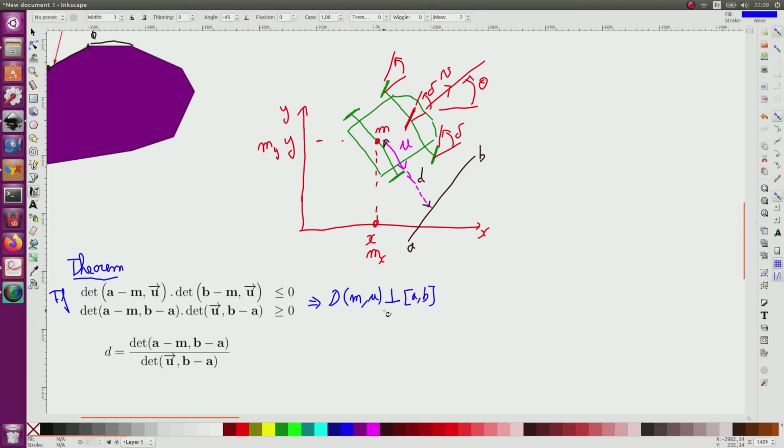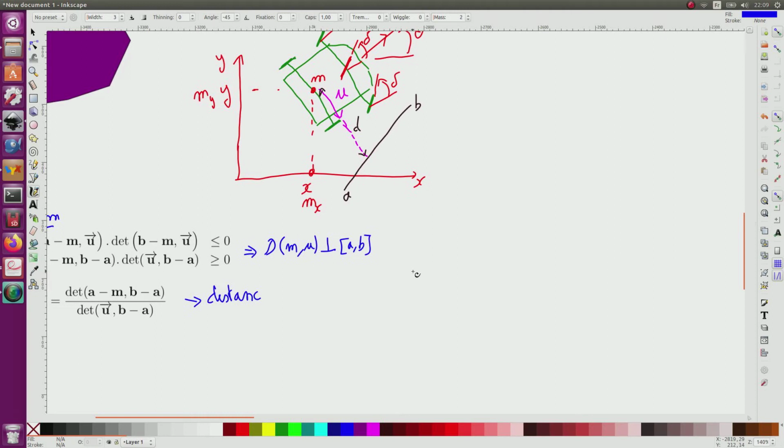And in this case, the laser will return this distance from M to the segment AB following the direction U. So it is what we have to prove.